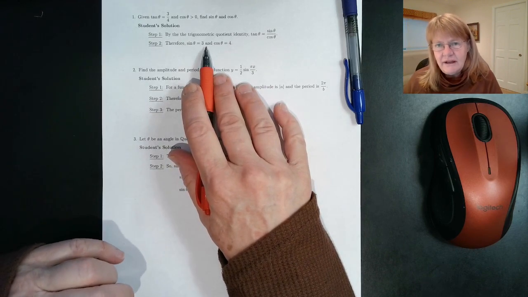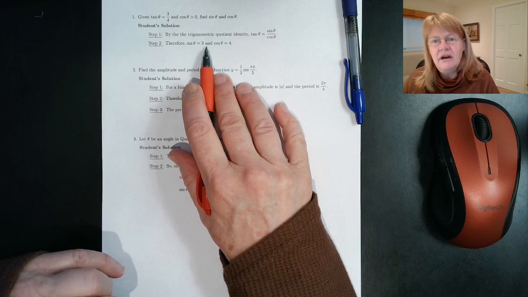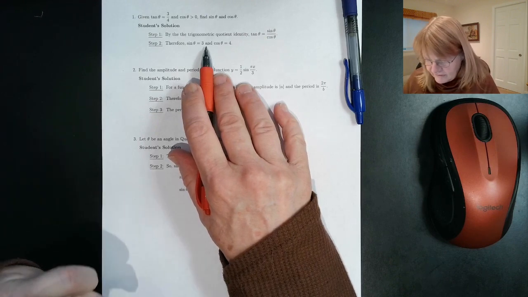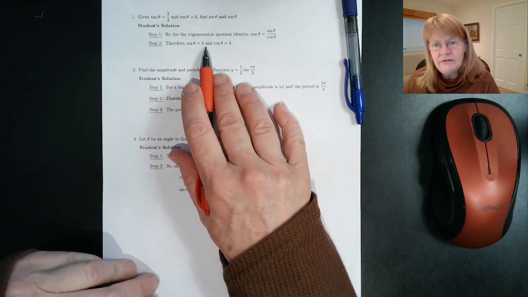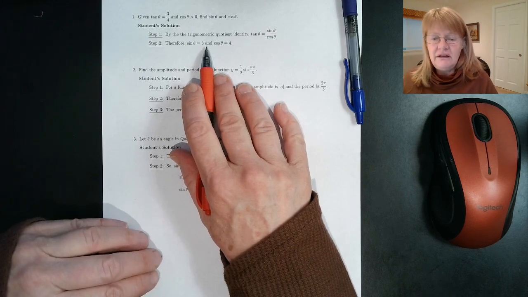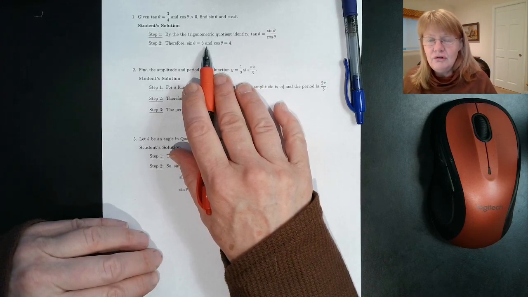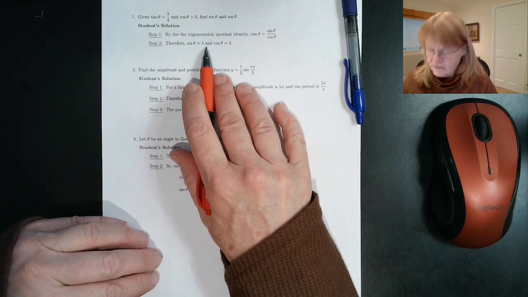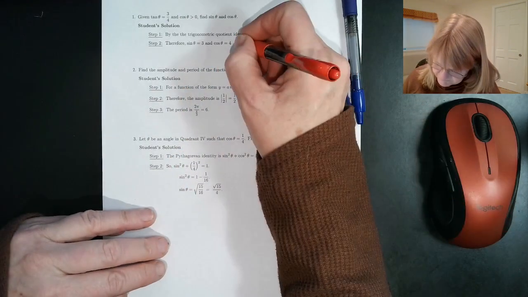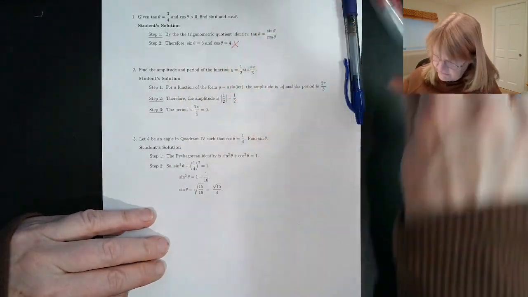Otherwise, when the radius is not 1, you need to deploy another tactic. So we're going to go ahead and solve this using the right triangle trig definitions. Okay, so that's the incorrect part.